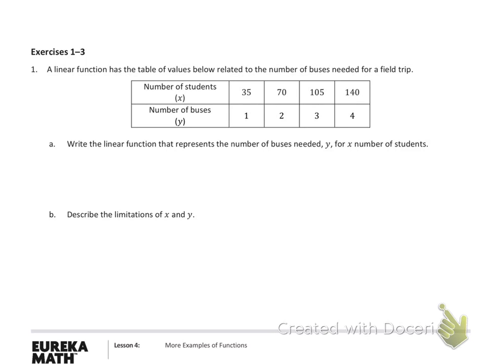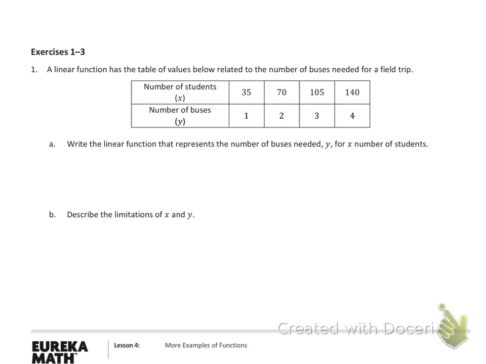So let's look at exercise 1, and you can work on these as you feel comfortable, and then pause and work on them and then come back and check your answers, or we can work on them together here. Okay, so in exercise 1, we have a table that represents a function.